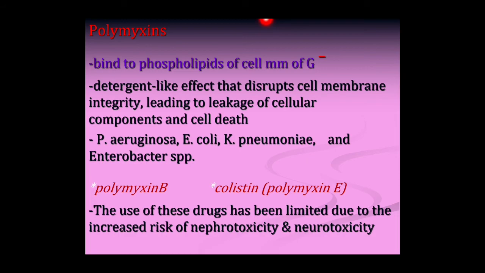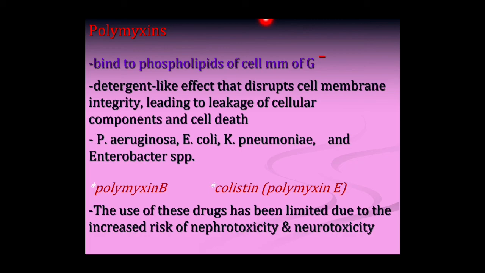Polymyxins' mechanism of action: they bind to phospholipids of the cell membrane of gram-negative bacteria, so they are cell membrane synthesis inhibitors. It has a detergent-like effect that disrupts cell membrane integrity, leading to leakage of cellular components and cell death.